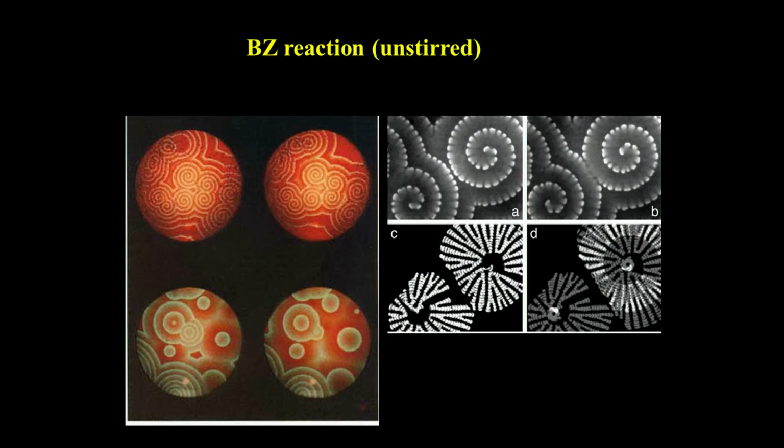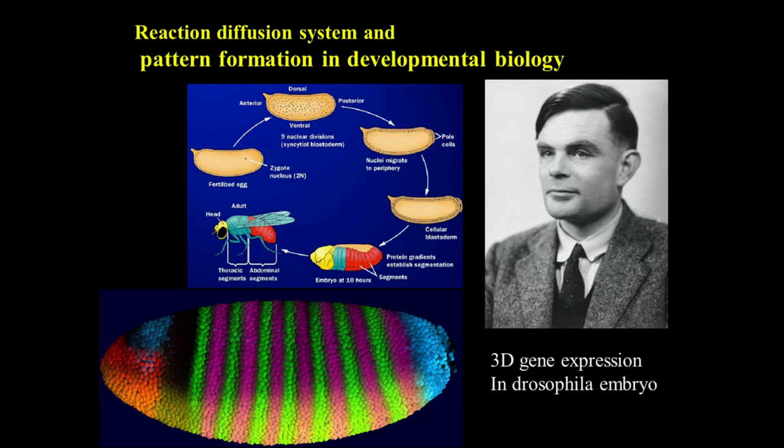Okay. Now, if I give this, do you know who is this? Alan Turing. So, Alan Turing, apart from this father of the computation or Turing machines, he also proposed something, it's called reaction diffusion system, possibly many of you may know.